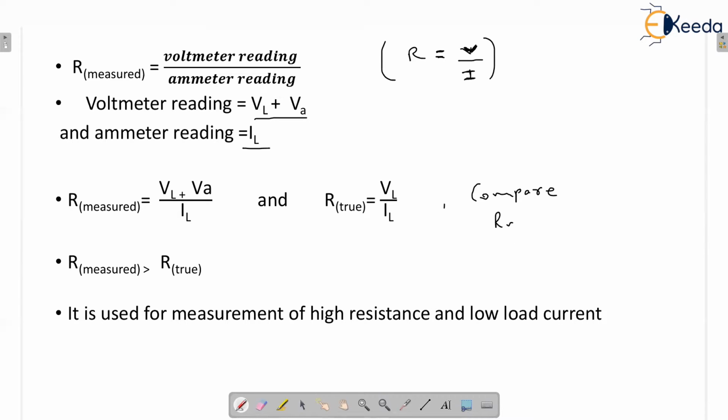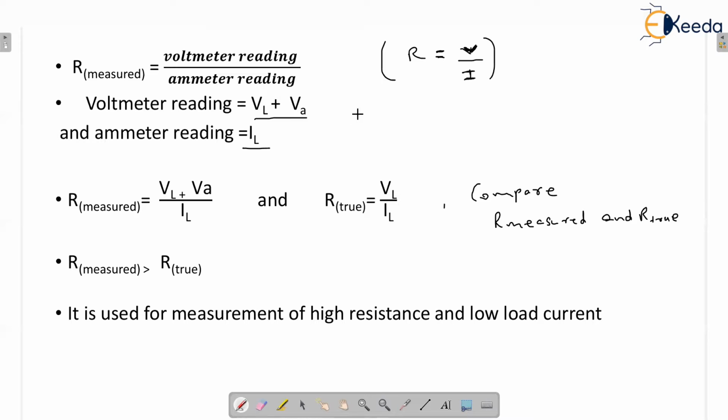Compare R measured and R true. Which is higher? R measured is greater than R true. So whenever resistance is high, current is low. So it is used for the measurement of high resistance and low load current.